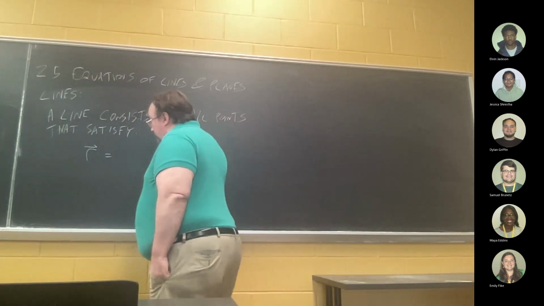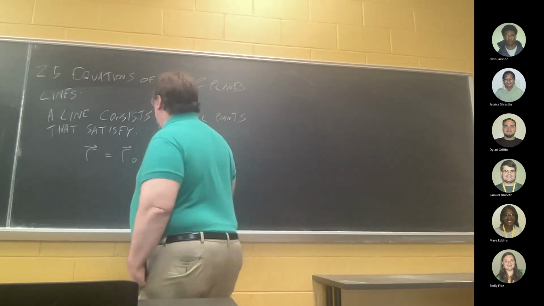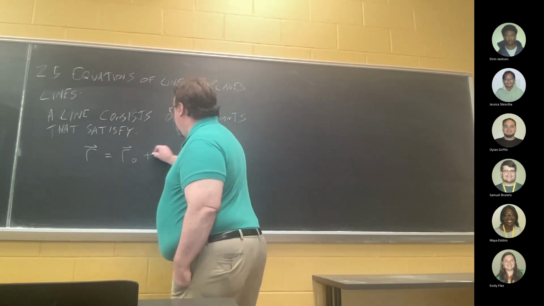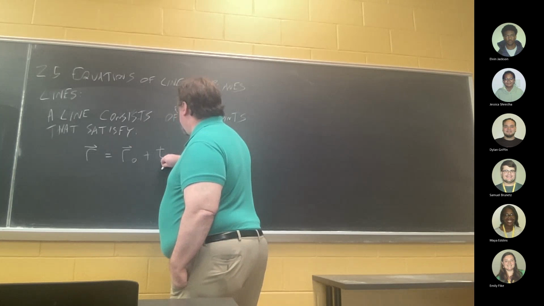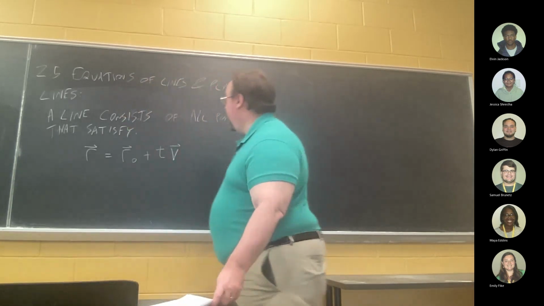So we have a vector equation: r equals r naught plus some parameter t times some vector v.